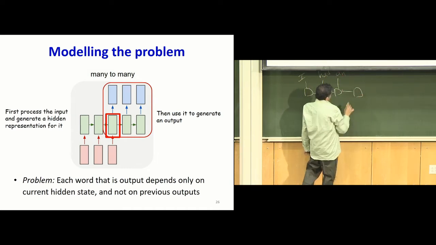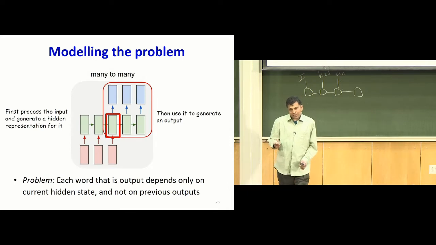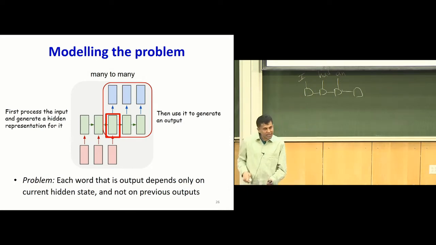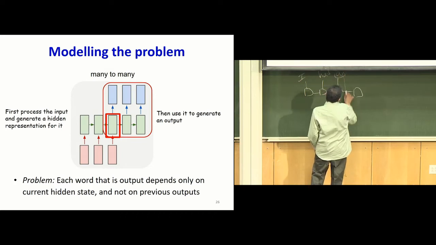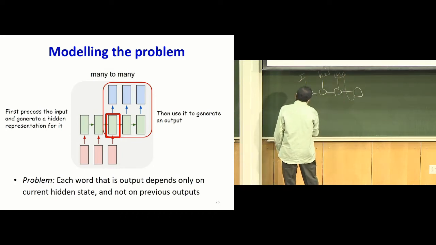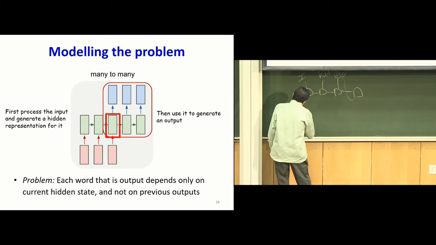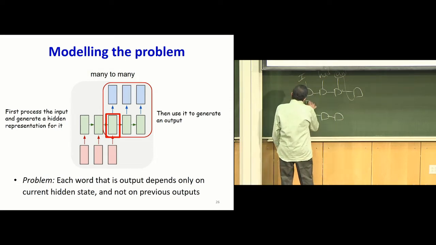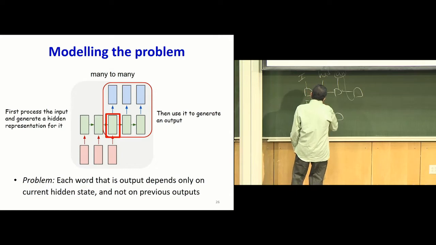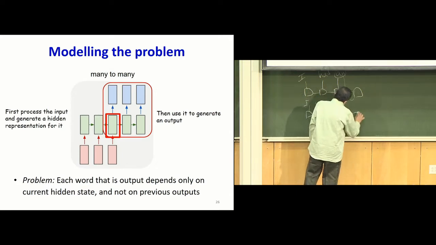Then when I'm drawing the next word, since the word that has been output is not actually fed back, this situation, as far as the fourth word is concerned, is no different from this one over here, where I draw I had and a.